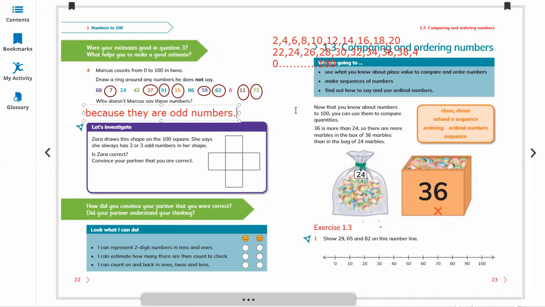So 7, 37, 91, 15, 59, 63, 11, and 73 are odd numbers. So when Marcus is counting in twos till 100, he is not going to call these numbers out.